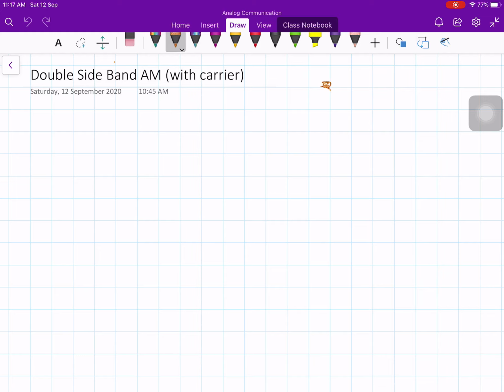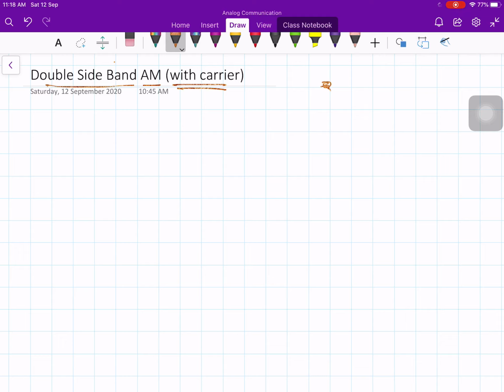In this lecture, let us talk about double sideband amplitude modulation with carrier. Amplitude modulation in practice typically refers to this situation, double sideband amplitude modulation with carrier, and not the suppressed carrier situation that we have discussed so far.